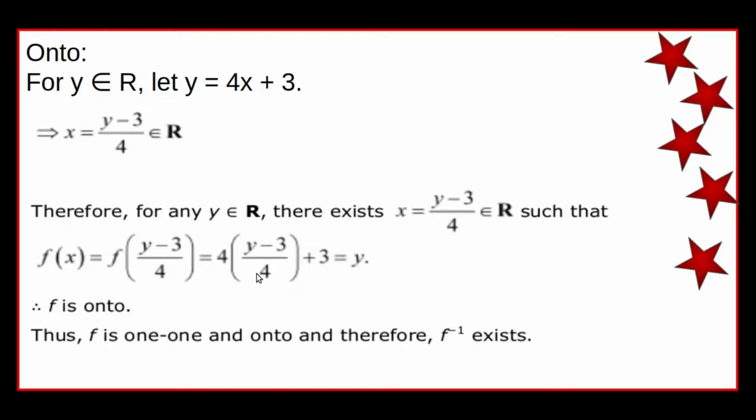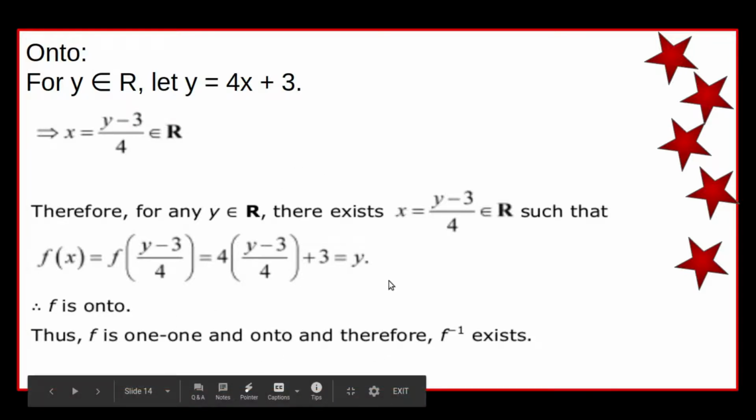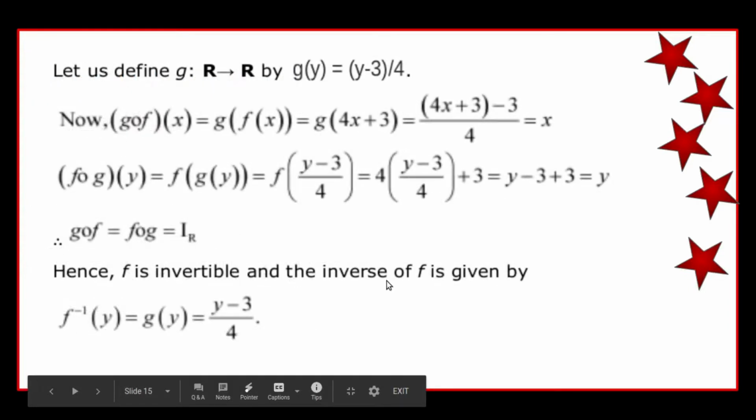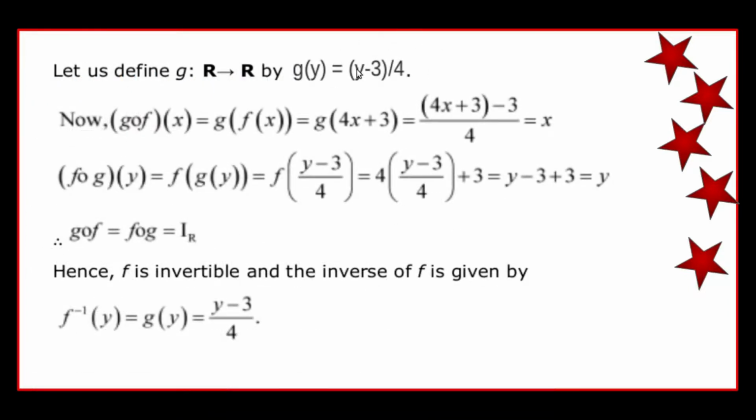Now cancelling 4, we get y minus 3 plus 3, which is equal to y. That is f of x equal to y. For any y belongs to codomain, there exists x belongs to domain such that f of x is equal to y. So f is onto. Thus f is 1-1 and onto. So f inverse exists. Now we have to take the function g as (y minus 3) by 4.